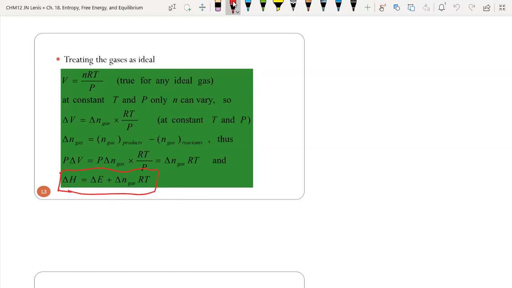For example, if we had the reaction N2 gas plus H2 gas to form NH3 gas.